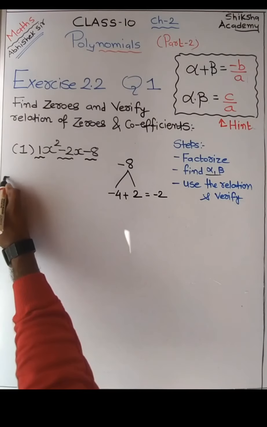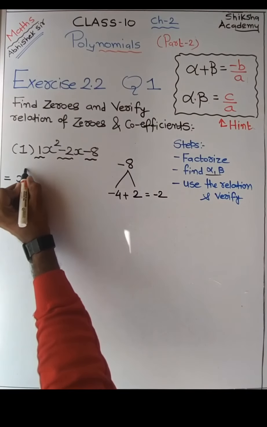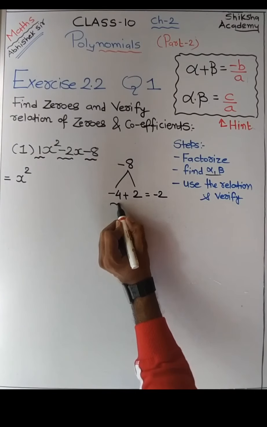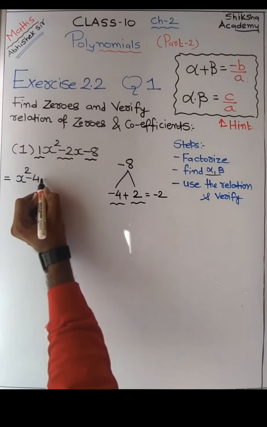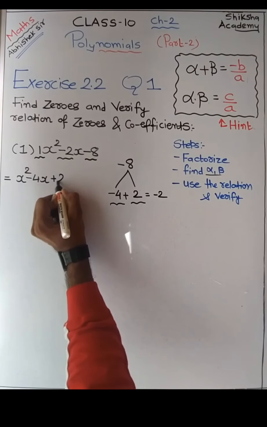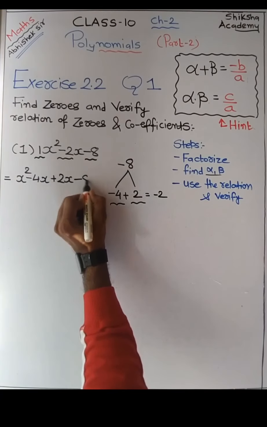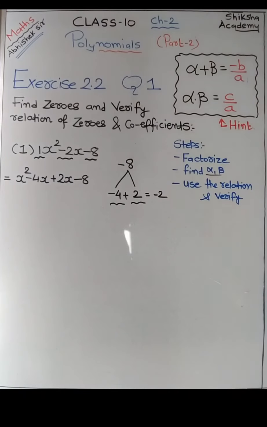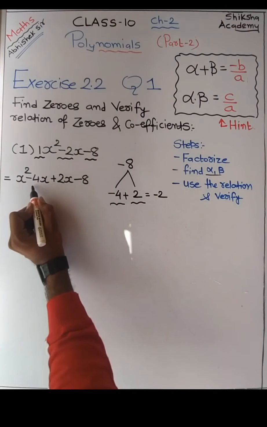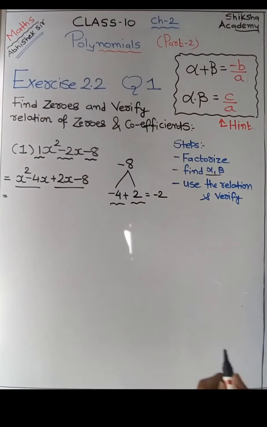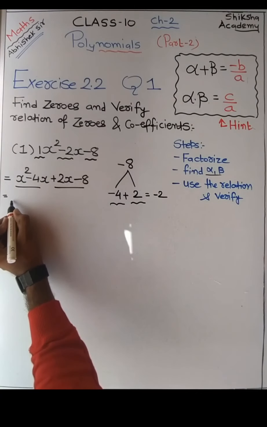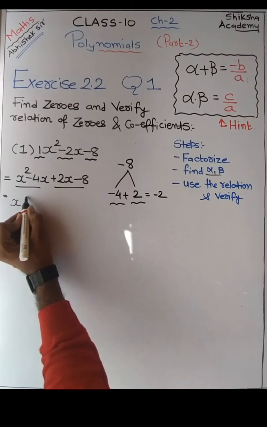So now I am moving forward. Only the middle term is to be split. Minus 2x is to be split into minus 4x plus 2x, and the first and last term will remain the same. So now we have split the middle term. Make pairs of 2 and then take common. So it is x common.